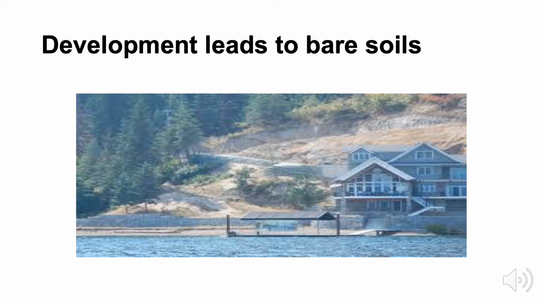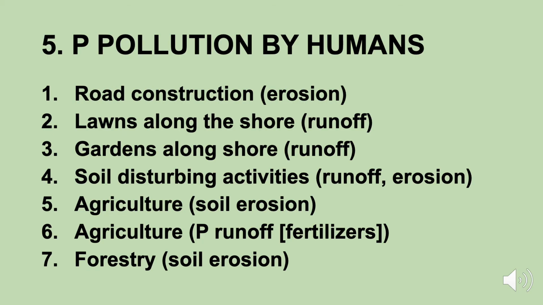So some of the things that humans do that add phosphorus to the water of Lake Coeur d'Alene, any road construction near the lake can make soils bare and any sediments wash off into the lake, contributing phosphorus. People that build along the lake and they have yards which have lawns, they fertilize those lawns. The nutrients can wash into the lake.